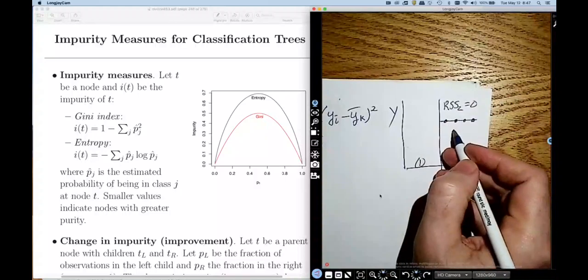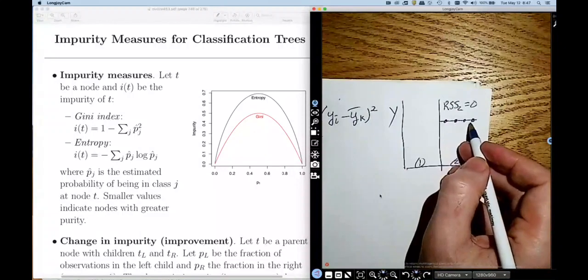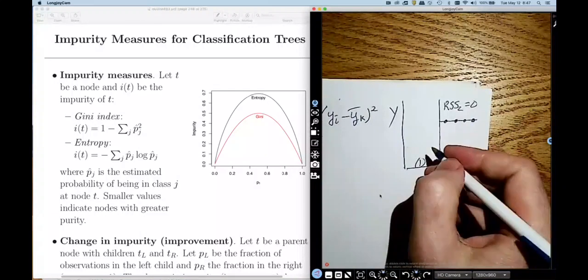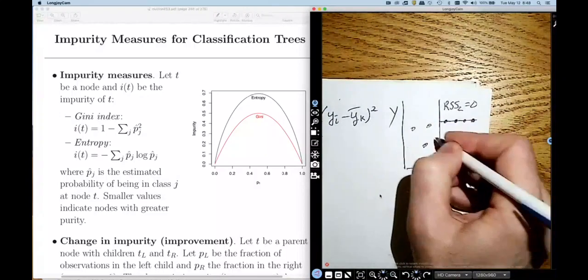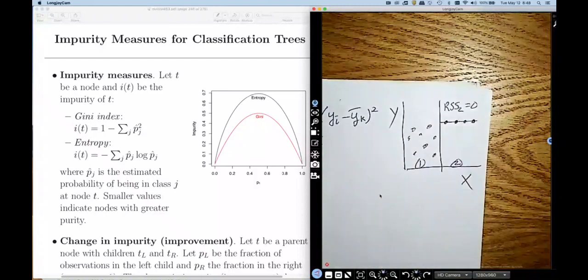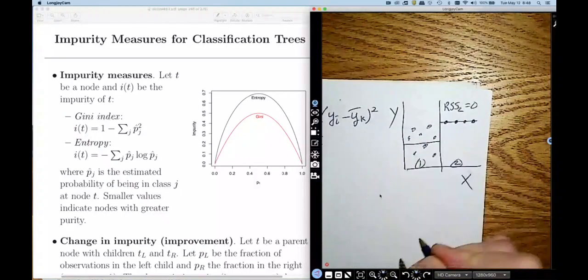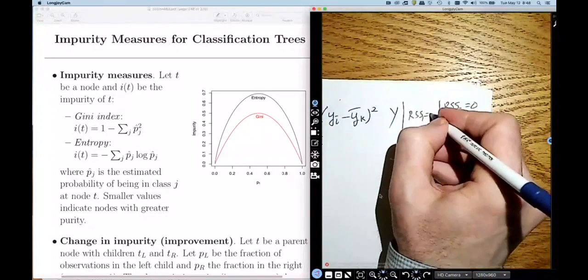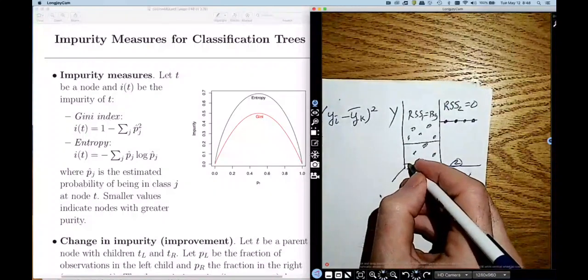We would say this is a perfectly pure node, because we explain all the variance there is to explain with that split. Now let's say in my left child the points are all over the place, so the mean would be about here, and RSS 1 would be big. We would call this an impure node.